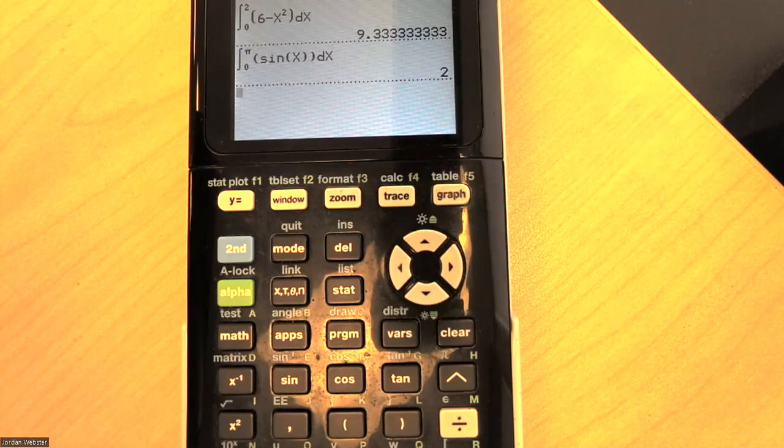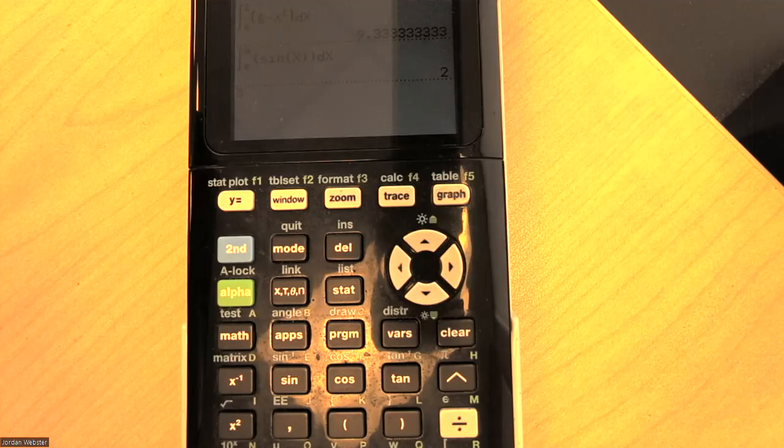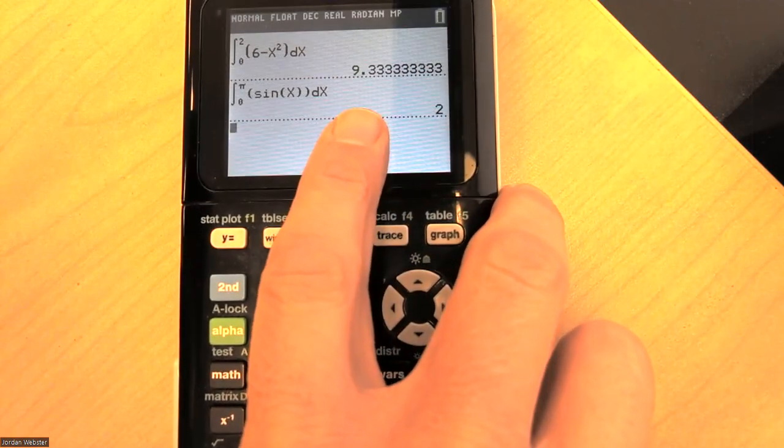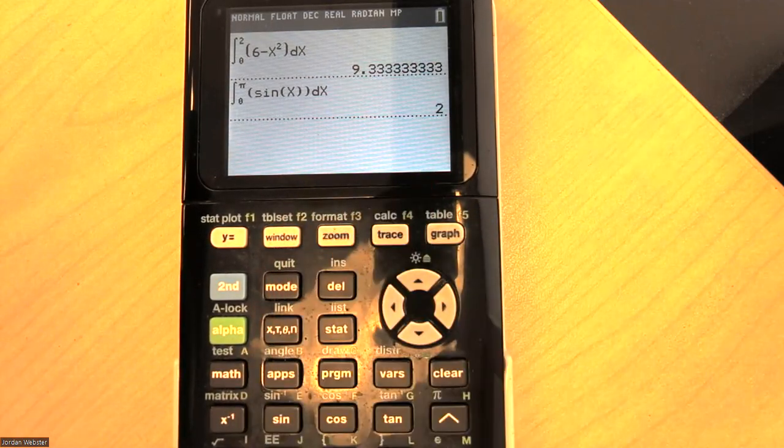If we were using degrees, that would not be the correct antiderivative. Does that make sense? The derivatives and antiderivatives that we all know and love work only with radians and don't work with degrees.